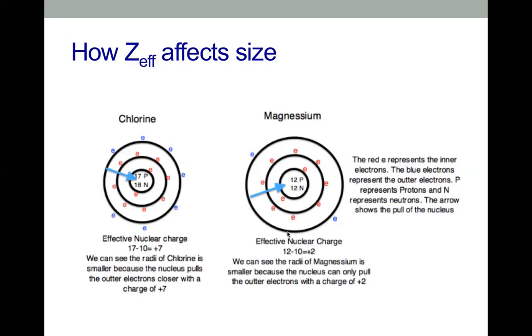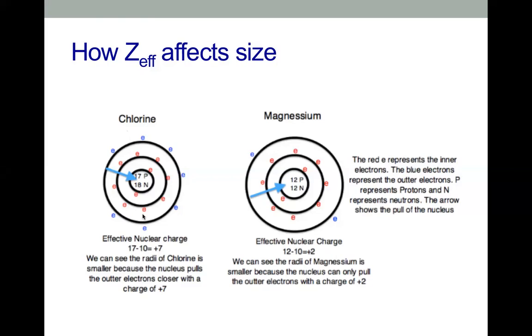And magnesium, only 12 protons, but it's larger than chlorine because there's 10 shielding. So 12 protons minus the 10 shielding that are inside here, the core, gives us only a +2 field that these outer valence electrons are experiencing. And so when these are only feeling a +2 pull, they can drift out a little bit and they don't get pulled in as tight.